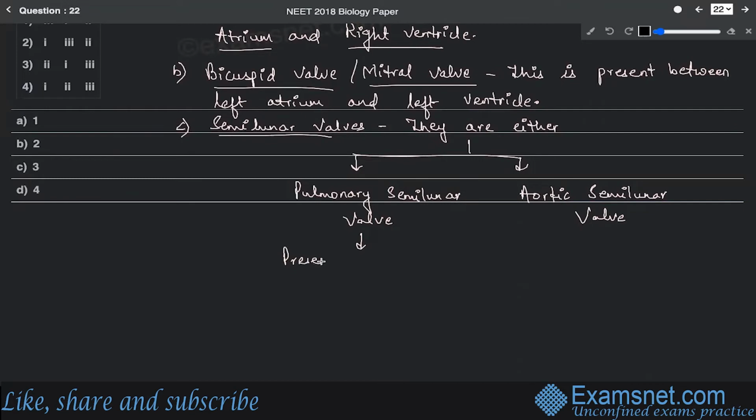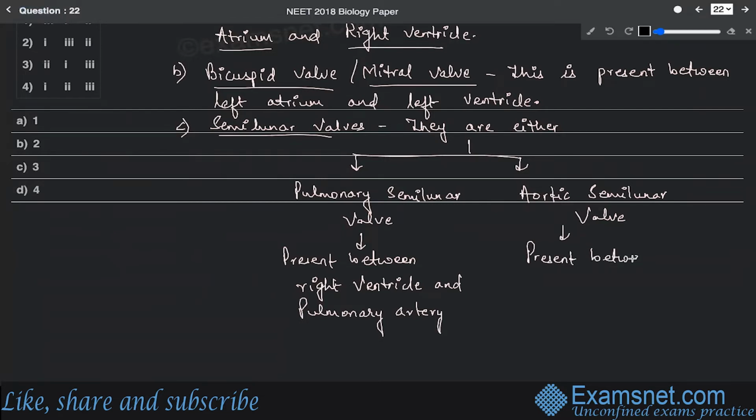So this is present between right ventricle and pulmonary artery, while this aortic semilunar valve is present between left ventricle and aorta. All right, so this is the case.